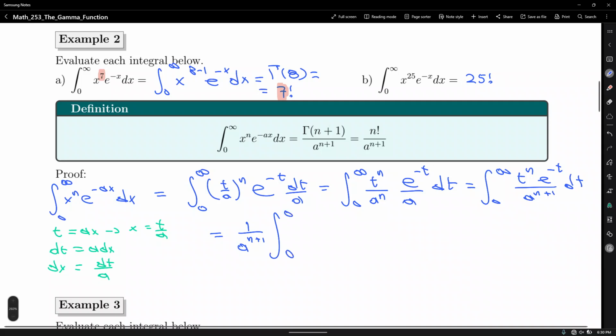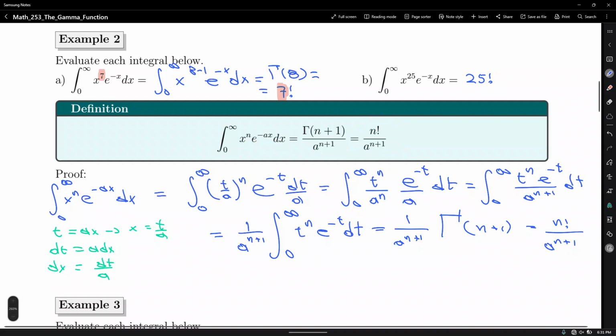Integral from 0 to infinity, t to the n, e to the negative t, dt. But what's that? Isn't that the gamma function, right? Isn't that 1 over a to the n plus 1 times gamma of n plus 1? All right. And that's actually the result. But what's gamma of n plus 1? Isn't that n factorial over a to the n plus 1, which is this result?